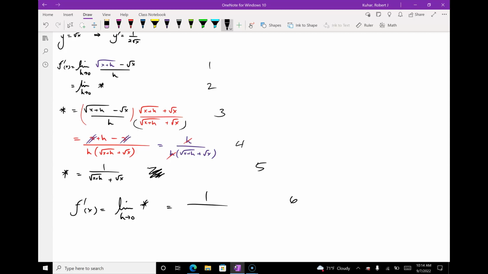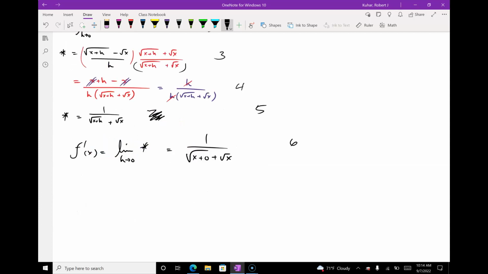I no longer have my limit notation there, so I'm going to put h as 0. Kind of a waste of time, because I already know this is 1 over square root of x plus square root of x. And how many square roots of x are there? 2. And there's my derivative.